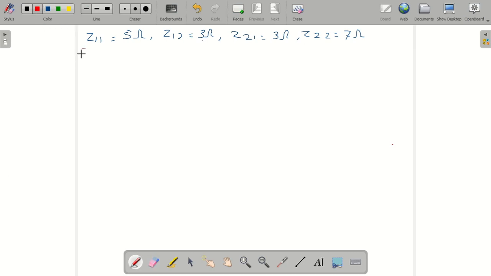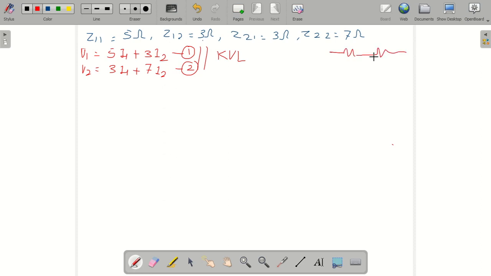What are the equations we have? V1 equal to Z11 I1 plus Z12 I2, and V2 equal to Z21 I1 plus Z22 I2. These equations number 1 and 2 we got from KVL. If you don't know, you can write them directly, as the problem is given.